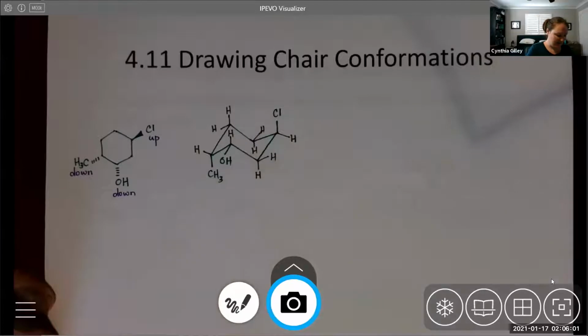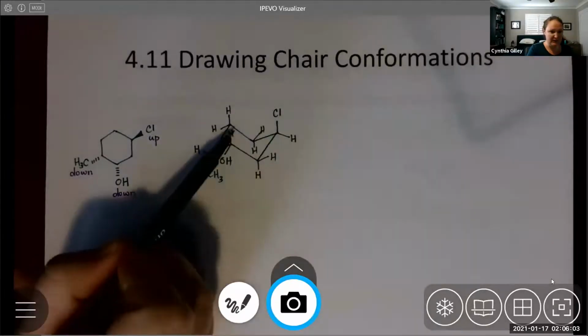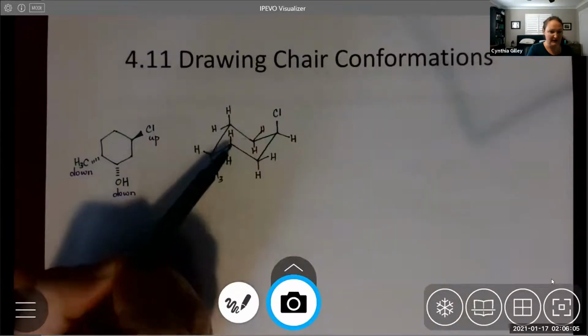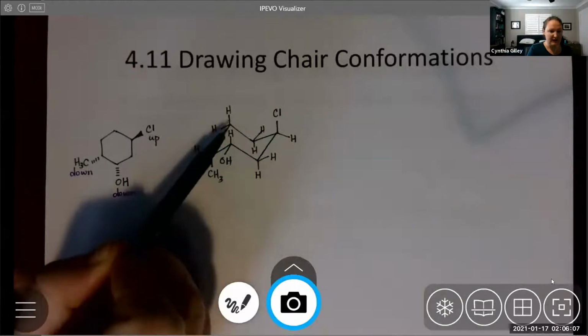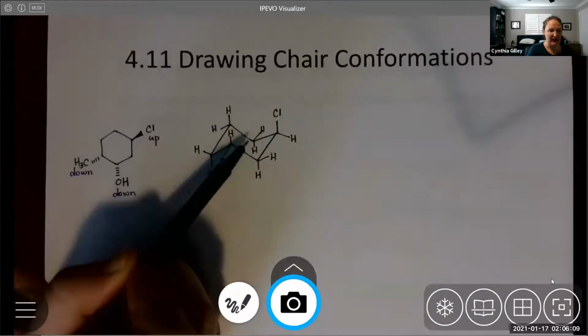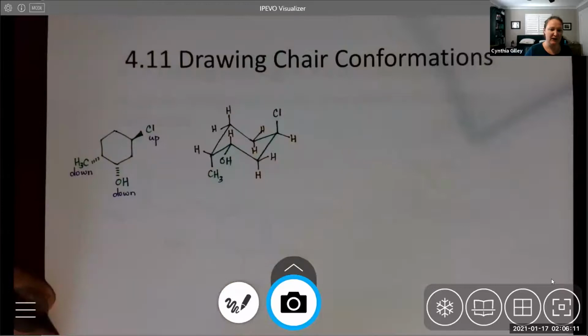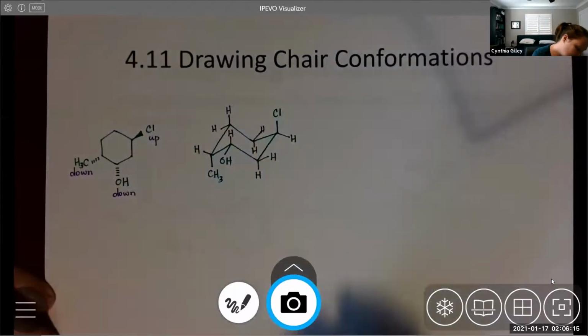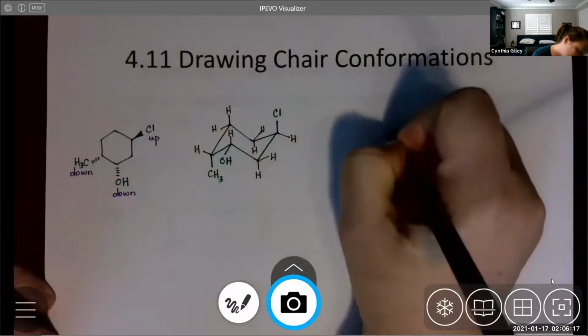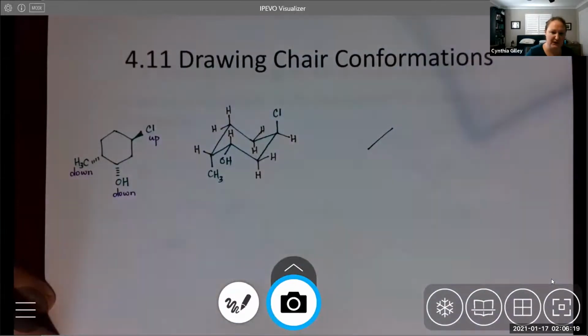So remember, when we started drawing this structure, we went down and to the right, with the top line being a little bit higher up. So we want to go up and to the right now to draw the other chair conformation. Instead of going down and to the right, I'm going up and to the right.